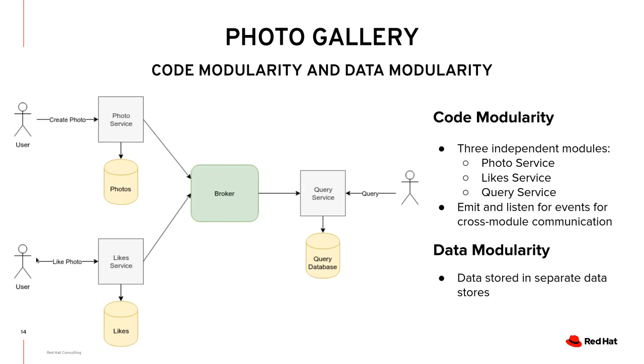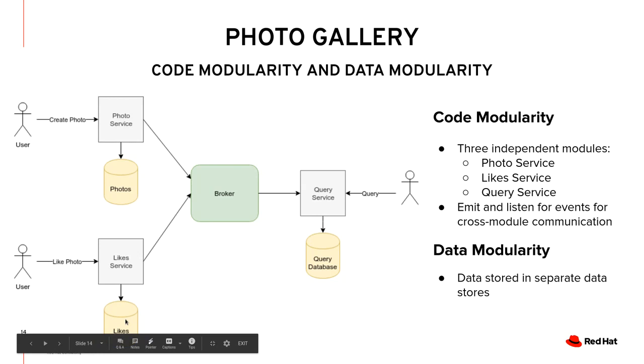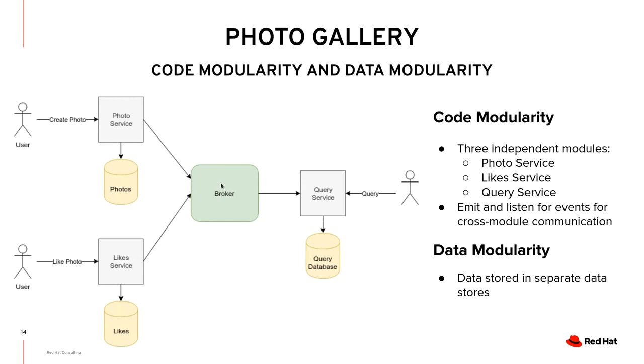Similarly, when the user is adding likes to the photo, he sends a post request to the like service. The like service will bump up the counter of the likes for the given photo in its own database, and it will also publish a message to the broker with the current number of likes for the given photo. Then we have a query service here which is listening on the broker for the messages coming from the photo and the like service.